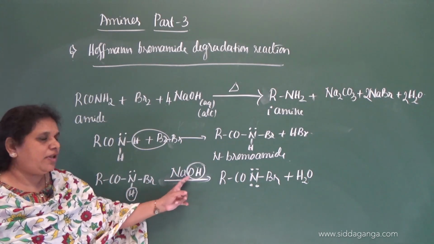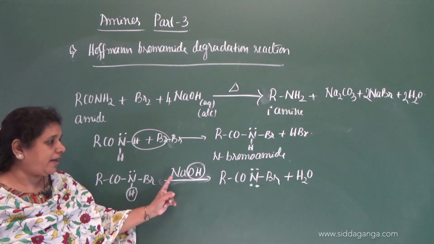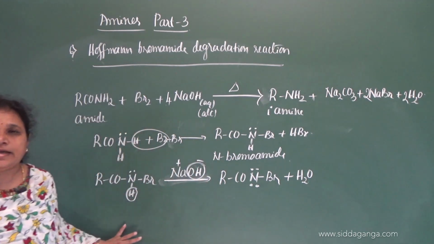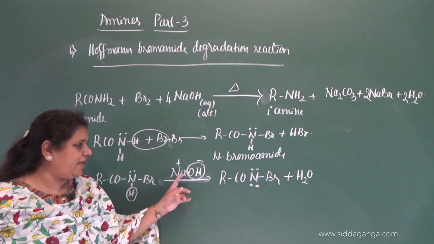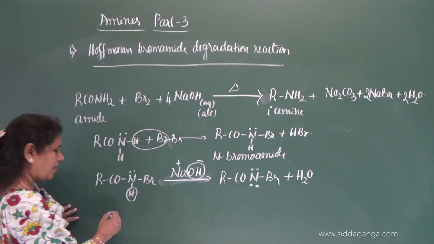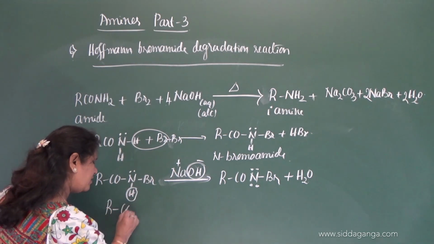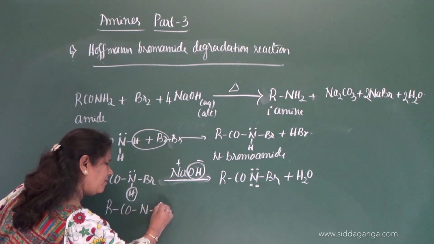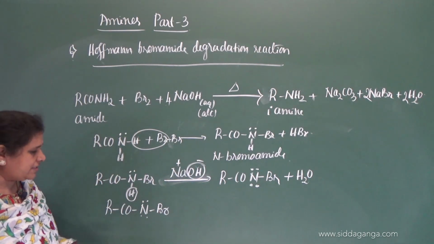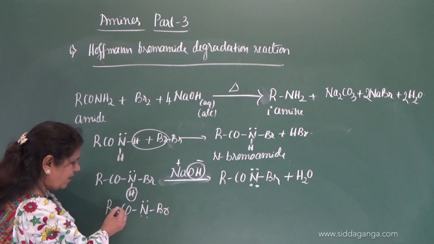So removal of water takes place, but in the reaction mixture Na plus is there. Now this compound RCONBr is an intermediate.